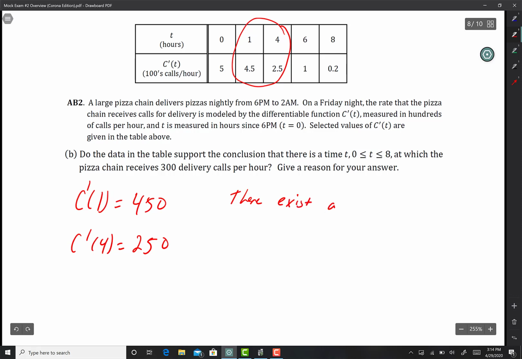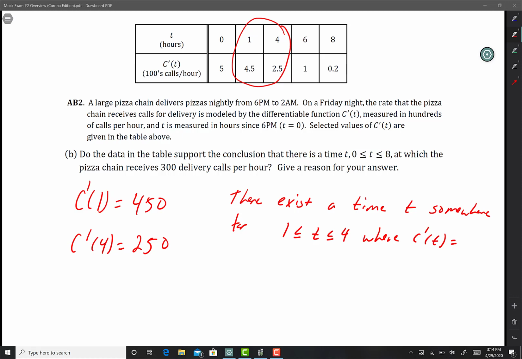And then I go, there exists a time t somewhere for 1 less than or equal to t less than or equal to 4, where c prime of t equals 300. And I guess I should put units here.